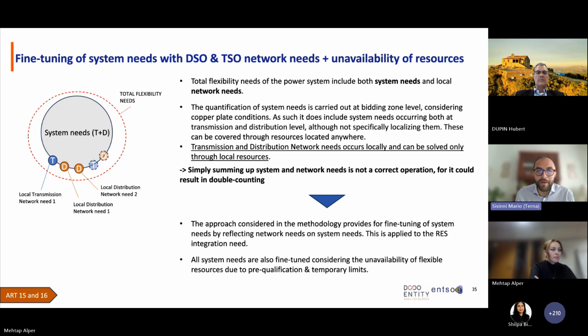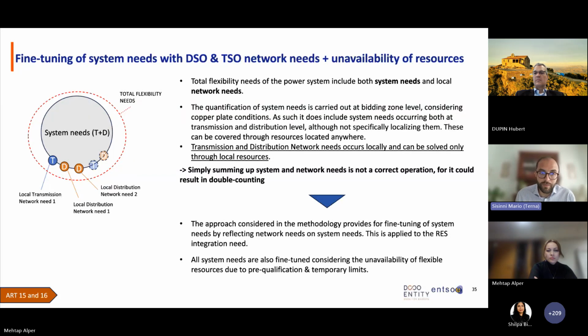So we had this problem: how to make sure that we don't underestimate the needs, but at the same time avoid double counting. And the approach that we introduced in the methodology is a fine-tuning, which is quantifying downward flexibility needs at the transmission and distribution level and reflecting them into the system's integration needs. So on the downward side, we are doing this exercise of fine-tuning.